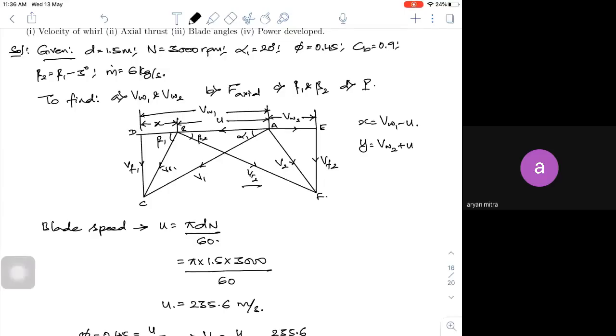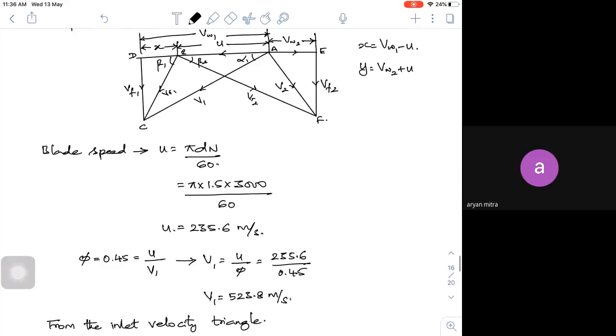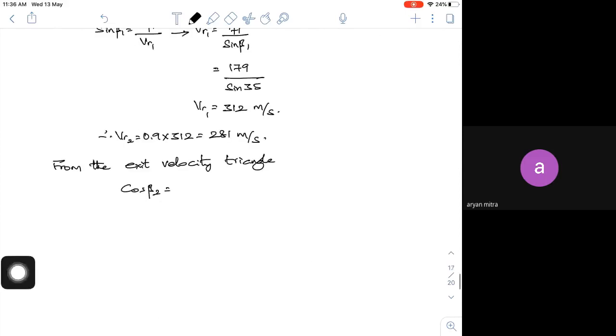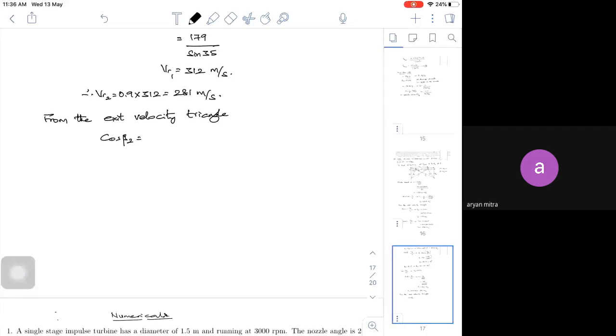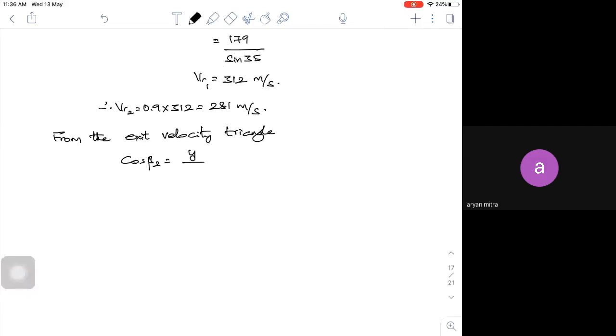It is y, that is Vw2 plus u, divided by Vr2. So cos beta 2 is equal to y divided by Vr2. I have to find y, and from that I can find Vw2.